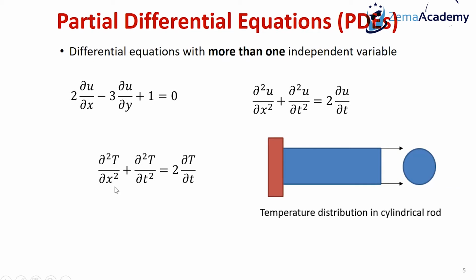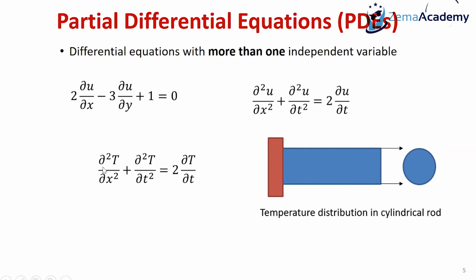Now in the partial differential equation, you have got more than one independent variable. That is, in this example, it is x and time t.